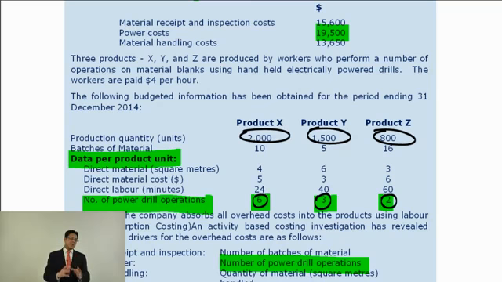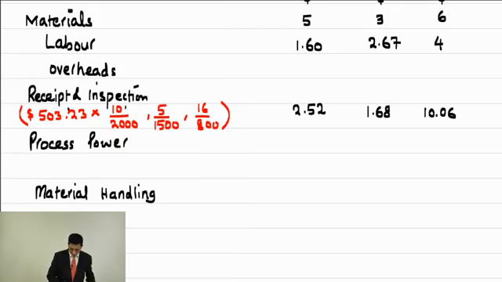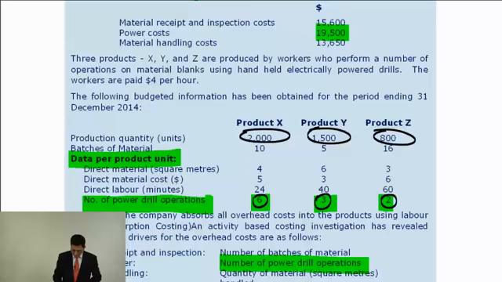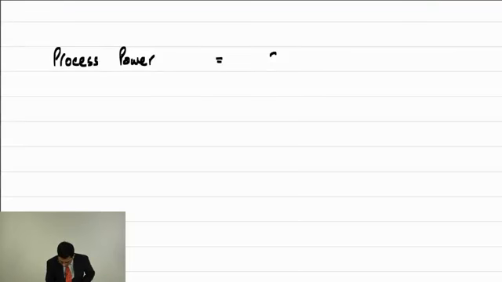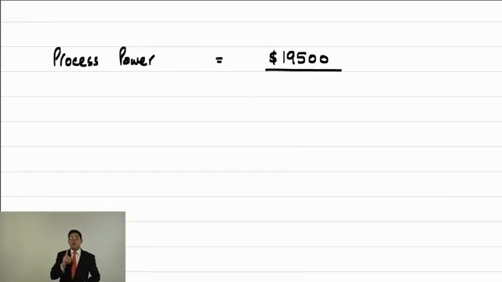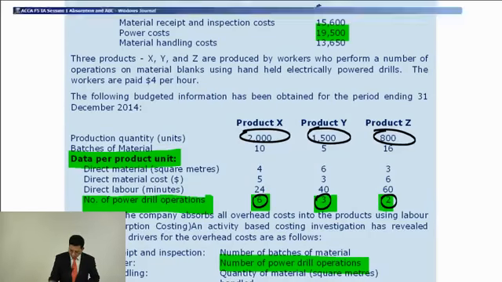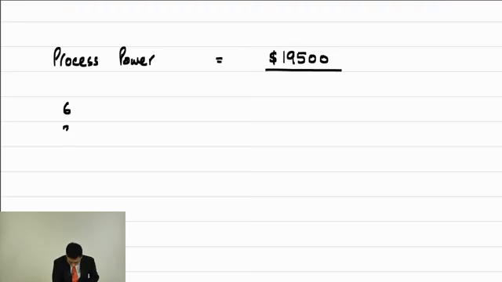So let's do the same thing again. First of all, the cost driver rate for process power, which is $19,500 divided by the total number of power drill operations. For each product we are given only individual power drill operations, 6, 3 and 2, for X, Y and Z one by one.